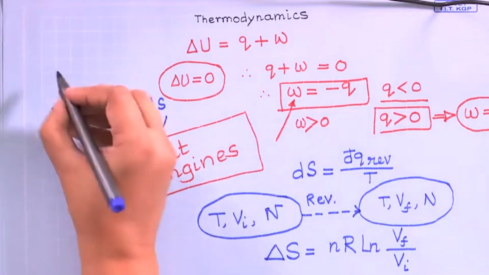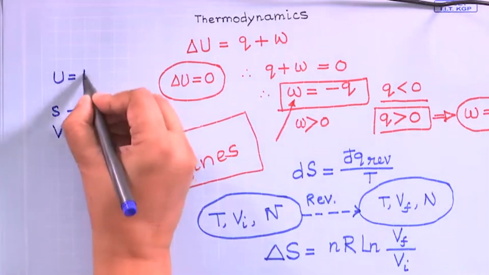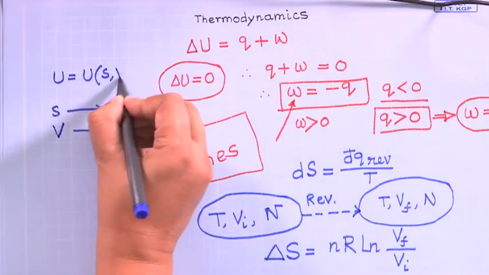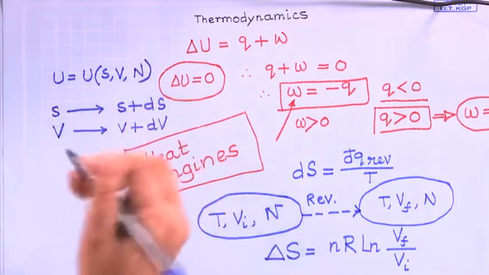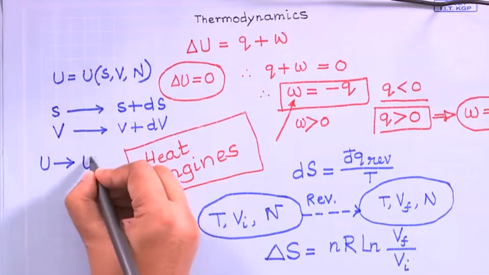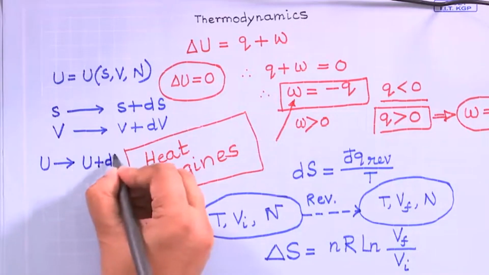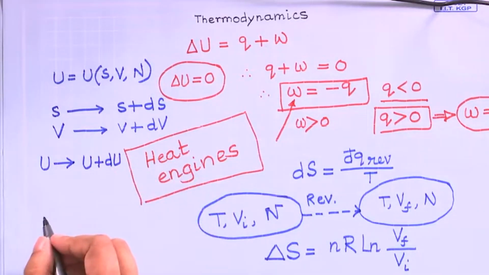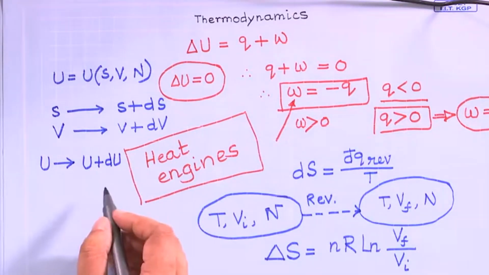And the question is, since U is a function of S, V and N, obviously the value of U in the initial state will now change to U plus dU. So, can I predict what dU is?